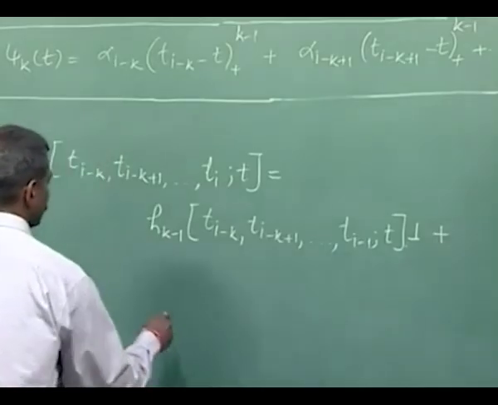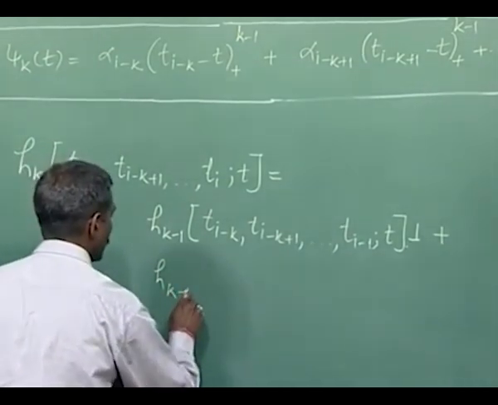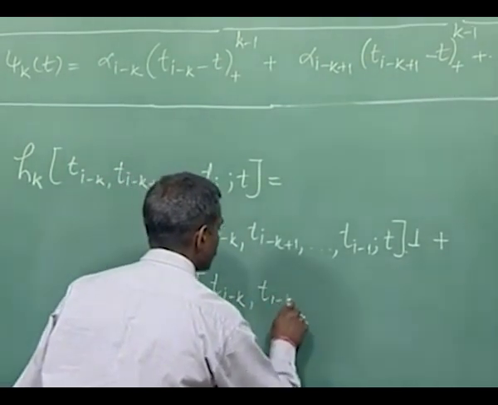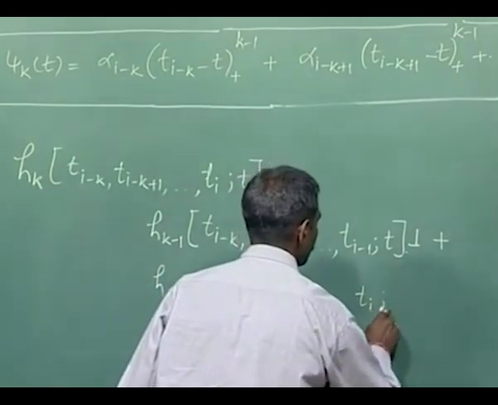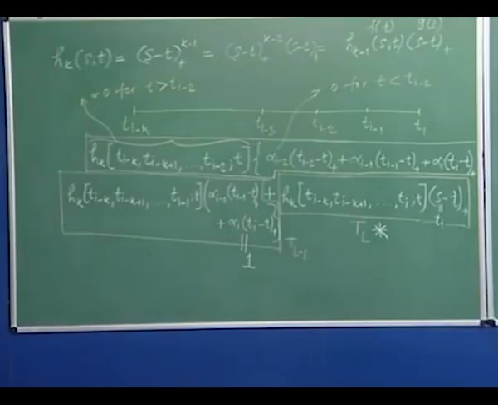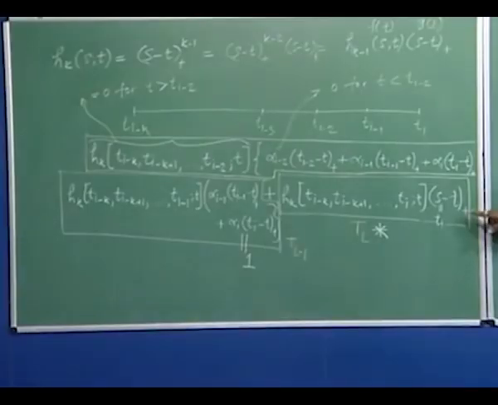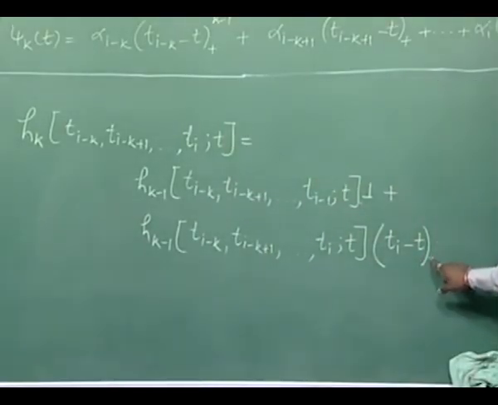This is equal to h_{k-1} [t_{i-k}, t_{i-k+1}, ..., t_i; t] times (t_i - t). Since I'm considering values of t smaller than t_i, I can drop this truncated sign. So I'm not going to be using the truncated sign here.